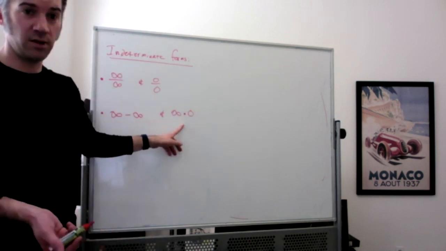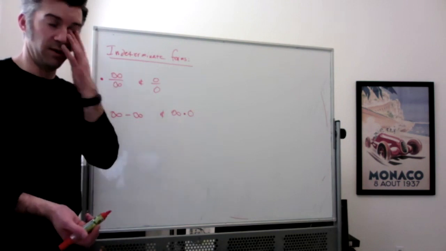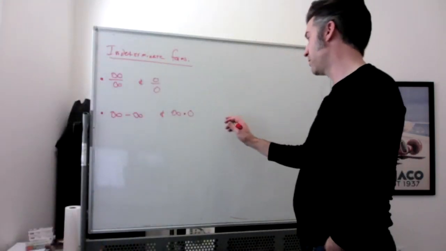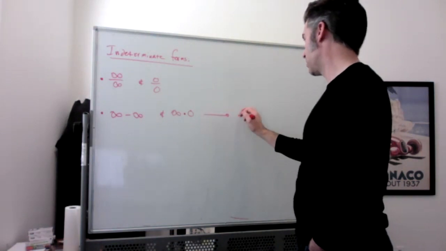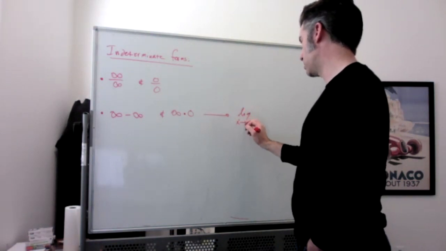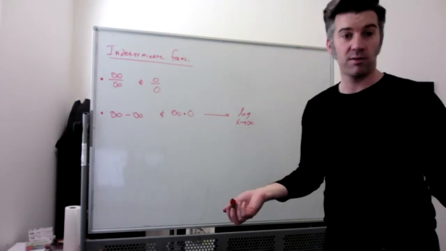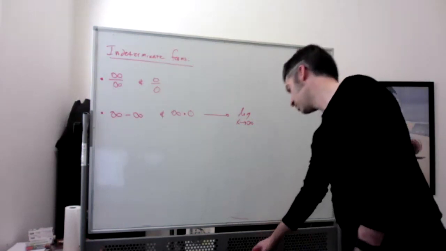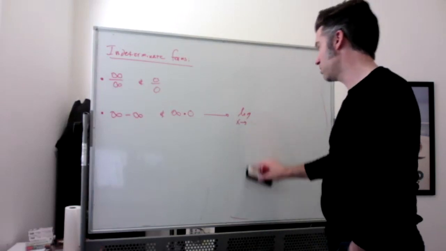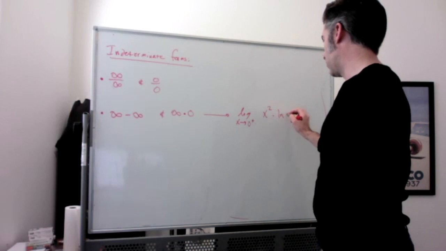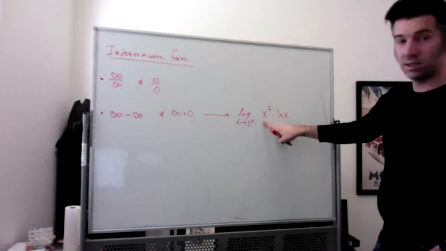Typically, this one requires dividing by one of the things. For example, let's do the limit as x goes to 0 from the right of x squared times natural log of x. That's going to 0.